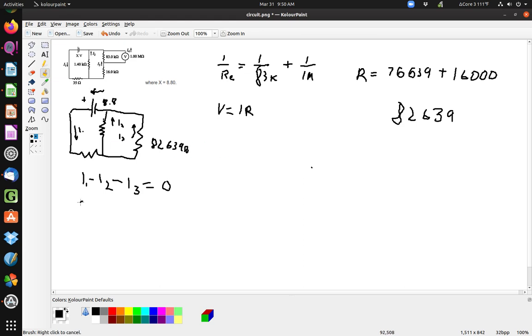Alright, so 8.8 plus IR here, so here we're going to have R1, 35 times I1, and actually that should be negative because the voltage is decreasing as we go across the resistor.